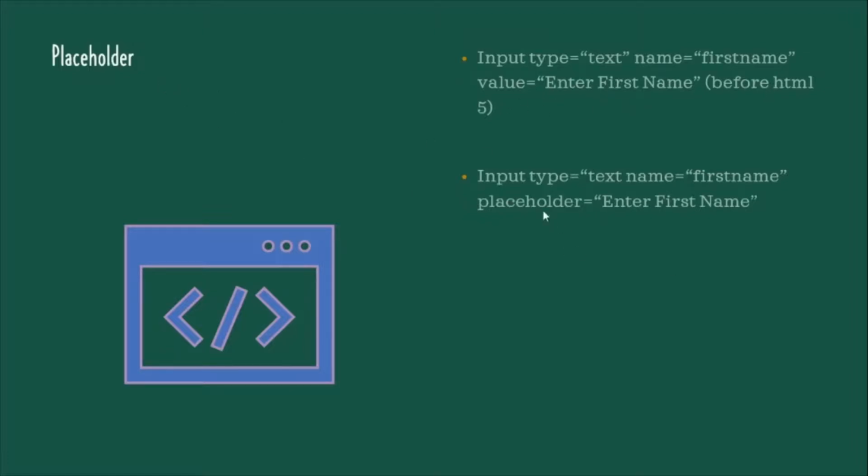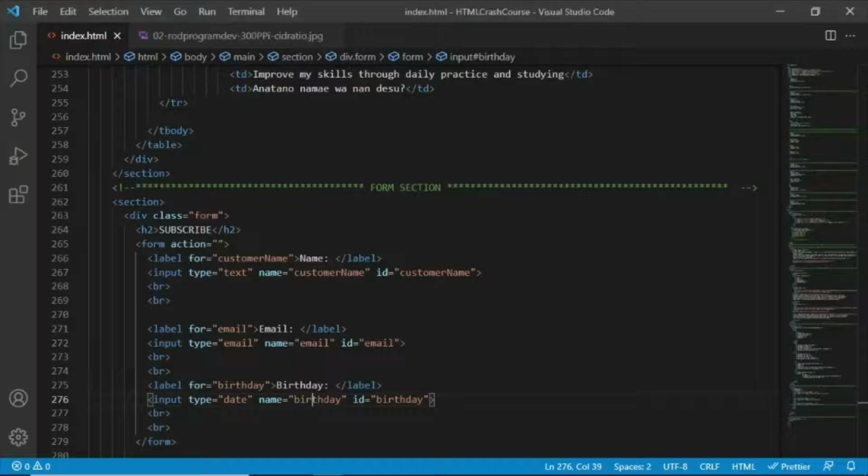Now in HTML5, we just need to use the placeholder attribute, and that will automatically be done, and it will be recognized by the browser, and it will display the placeholder text on the inside of the input element. So let's try to apply that.